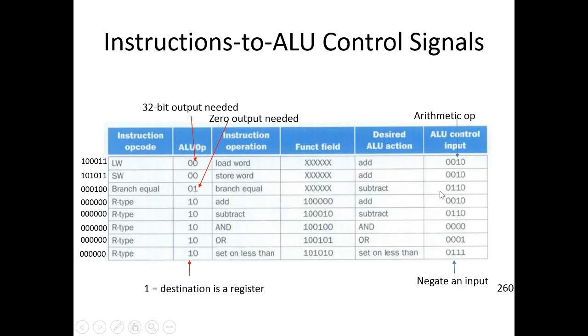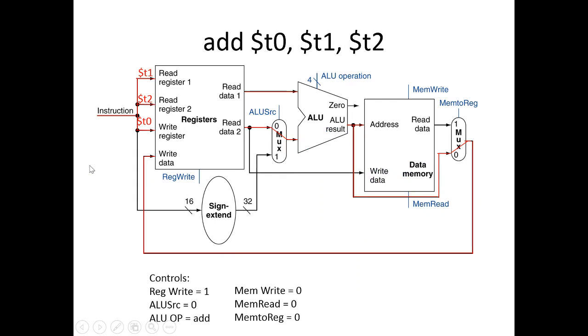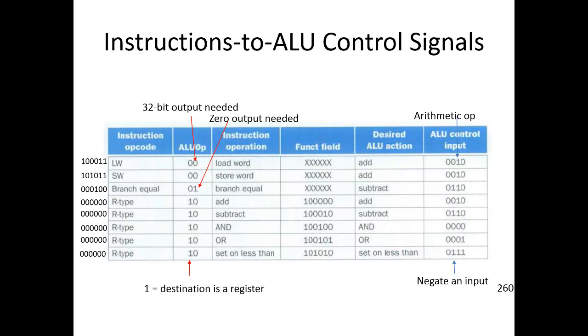Here's the arithmetic operation, here's what type of output is needed, and here's the instruction opcode, which is these 6 values I told you to focus on: 1, 2, 3, 4, 5, 6. ALU op is for the output needed, and the ALU control is for the arithmetic. This tells where all this is going and what it means. It decodes it for you.